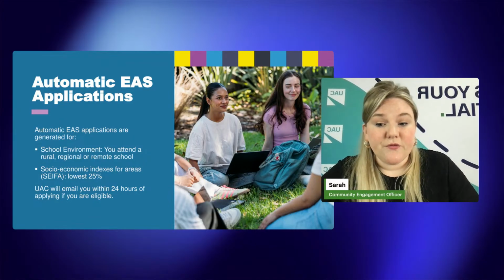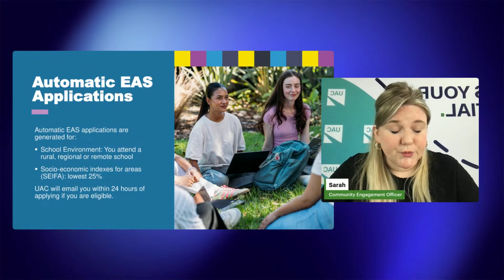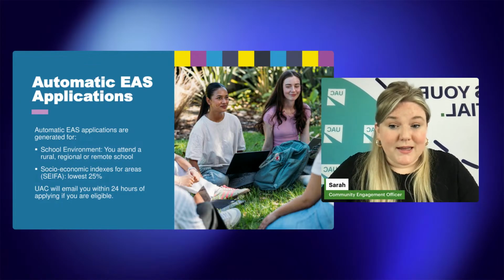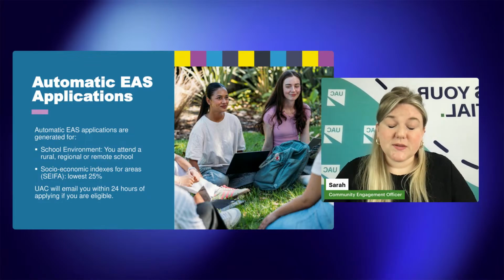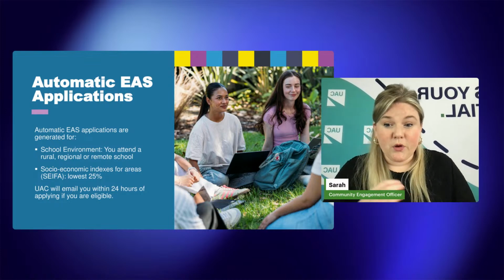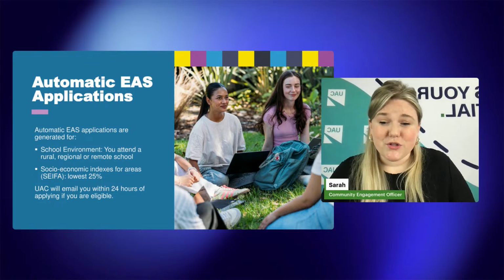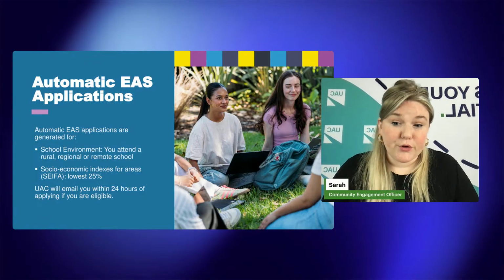So, school environment. If you attend a rural, regional, or remote school, UAC will automatically generate an EAS application for you. So, as soon as you submit your undergraduate application, our system will recognize the school that you go to and it will automatically generate this EAS application for you.